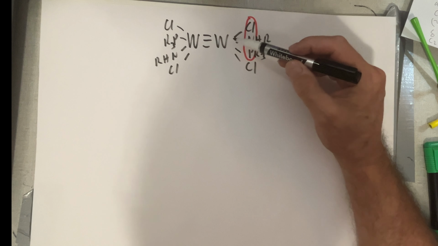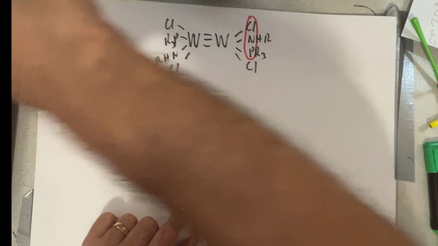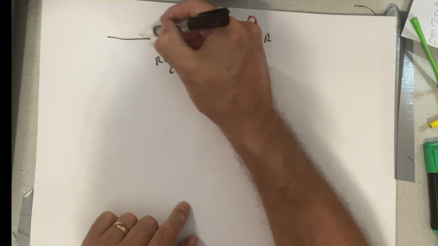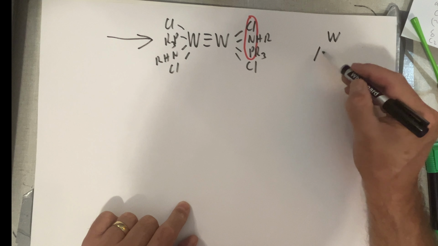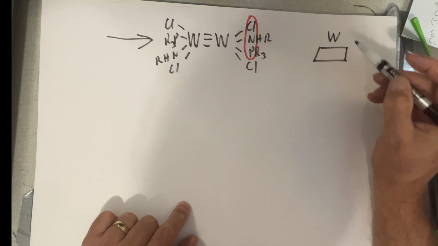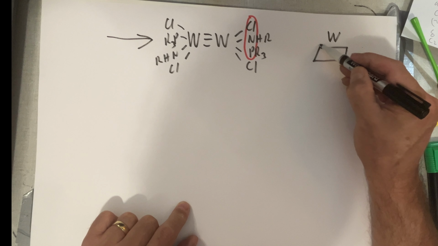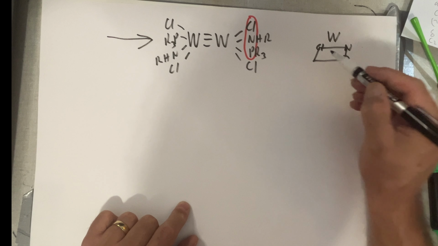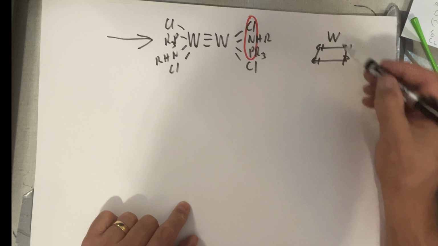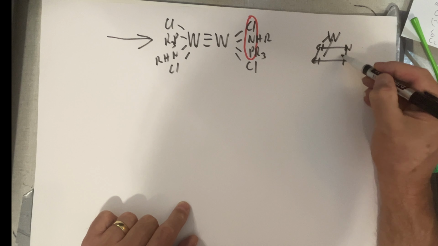So what one has here, if one were to look at it from this side, is you would have a tungsten, and below it you would have a sort of square, and then each of the donor atoms, the chlorine, the nitrogen, the phosphorus, and the chlorine, will all coordinate.